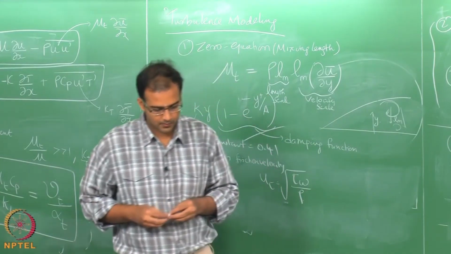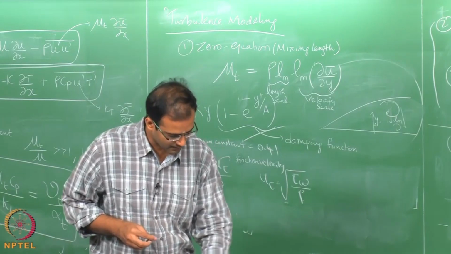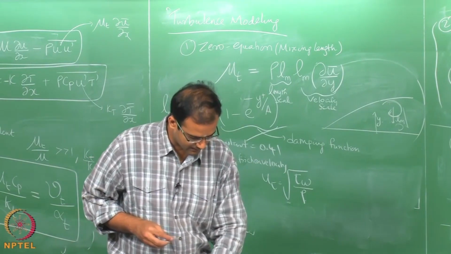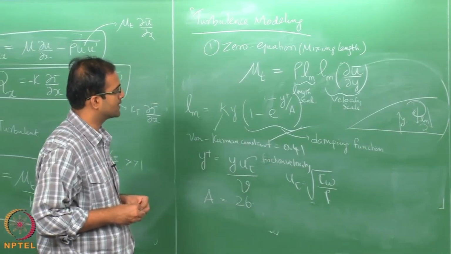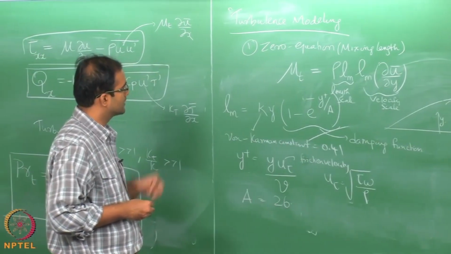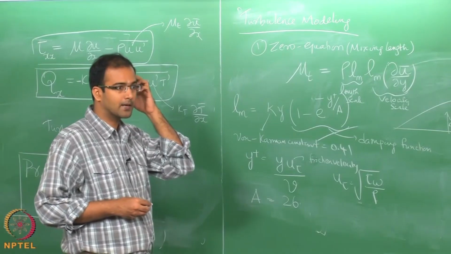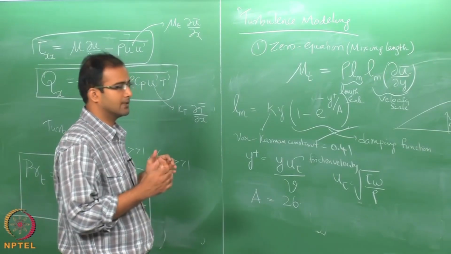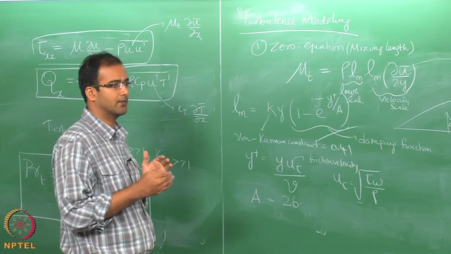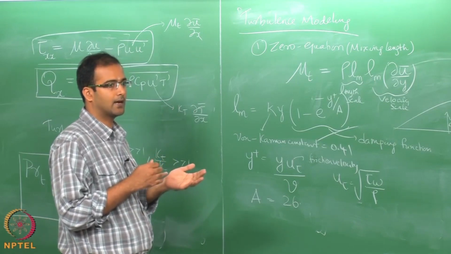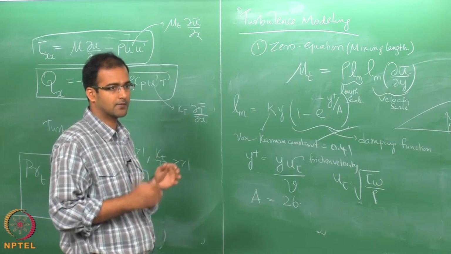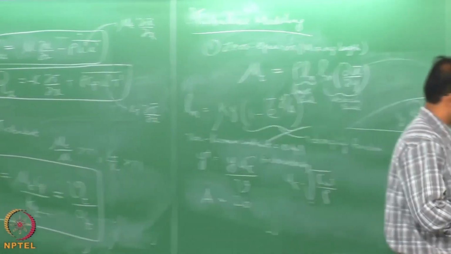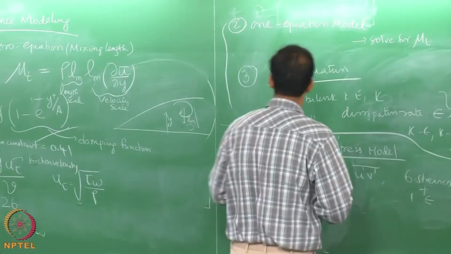Hopefully you now have some understanding of the models that are used. In the remaining 5 minutes, we will quickly derive a relationship between the velocity scale and the position as we go across different layers in turbulence.